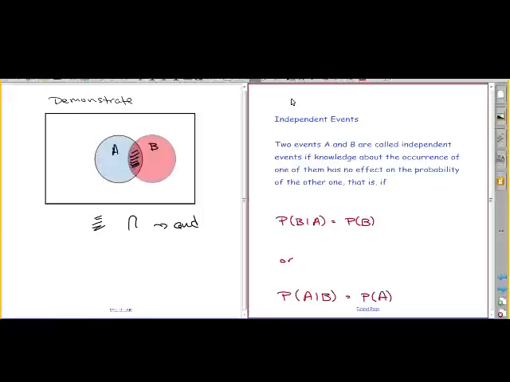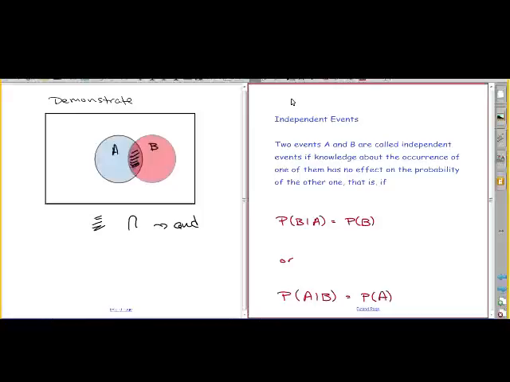Okay, now just like we had mutually exclusive probabilities in the previous section, we also have this idea of two events being independent of each other. Two events are independent if the knowledge of the occurrence of one of them has no effect on the probability of the other one.